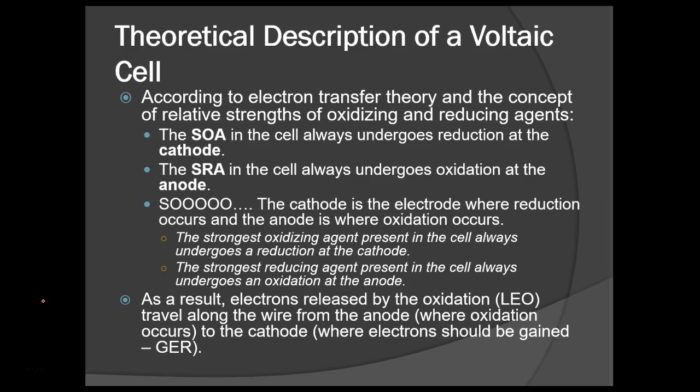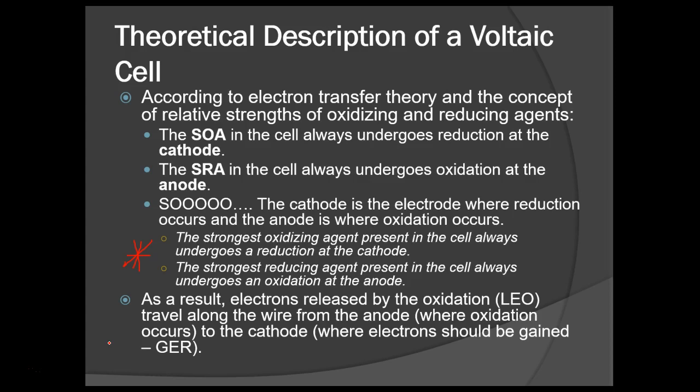So the cathode is the electrode where reduction occurs, and the anode is the electrode where oxidation occurs. So this little bit right here becomes very important. The strongest oxidizing agent present in the cell always undergoes reduction at the cathode, and the strongest reducing agent present in the cell always undergoes oxidation at the anode.